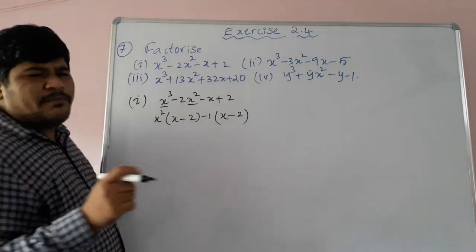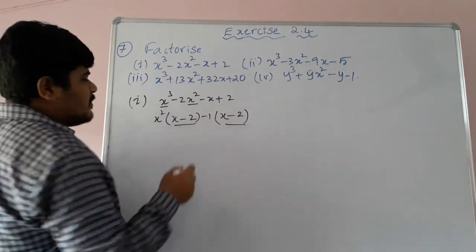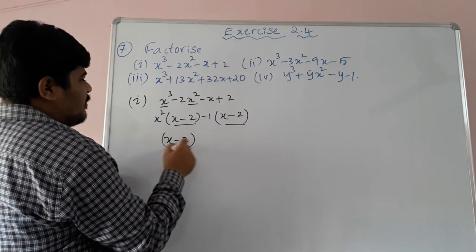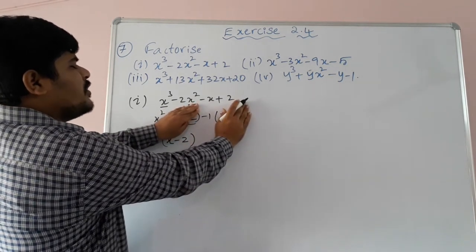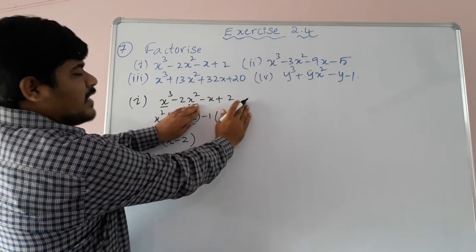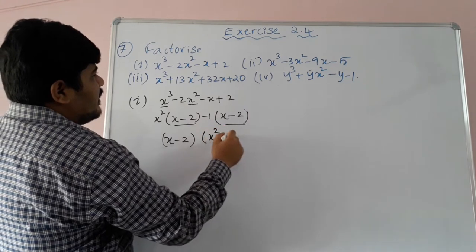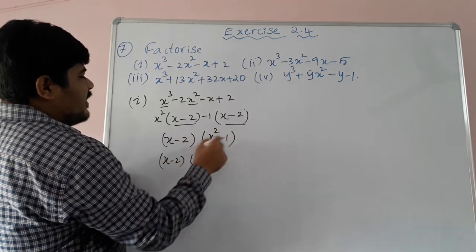Children, always remember that inside the bracket the same thing must be there. So children, x minus 2 is the same thing again. You take it outside as common. Now if you remove these two x minus 2, what remains here is x square minus 1, right? So now x minus 2 into x square minus 1.